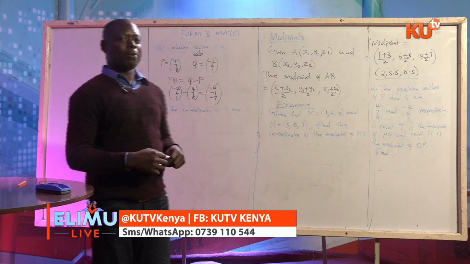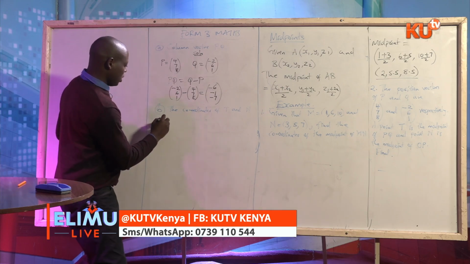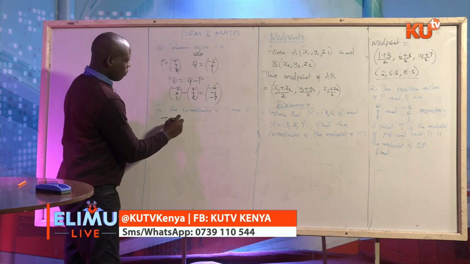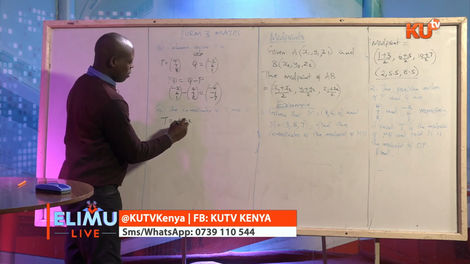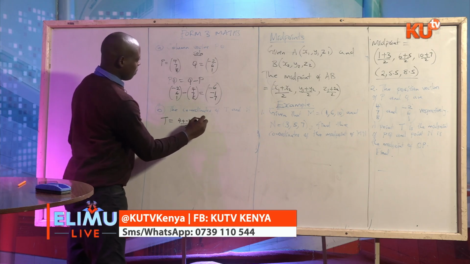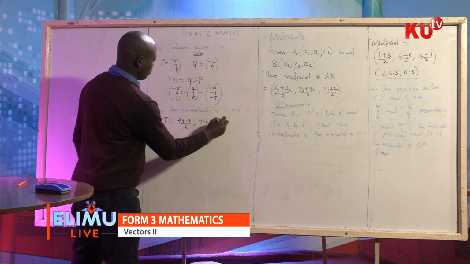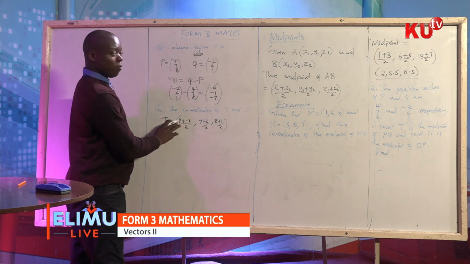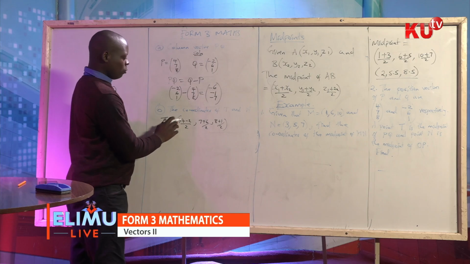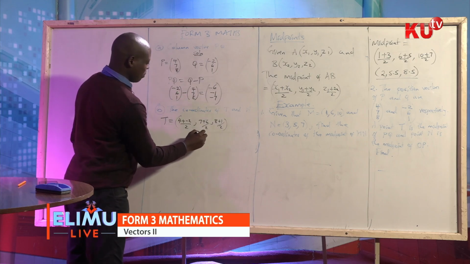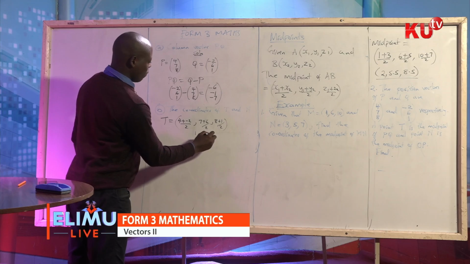Remember, T is the midpoint. So we shall say T is the midpoint of P and Q, that is 4 plus negative 2 over 2, 7 plus 6 over 2, and 8 plus 1 over 2. 4 plus negative 2 is 2 over 2, that is 1. Then this is 13 over 2, 6.5, then 4.5.